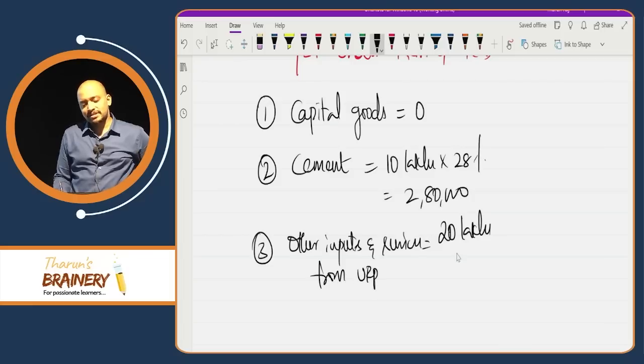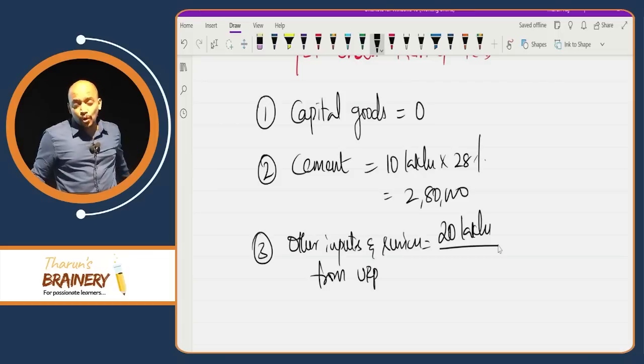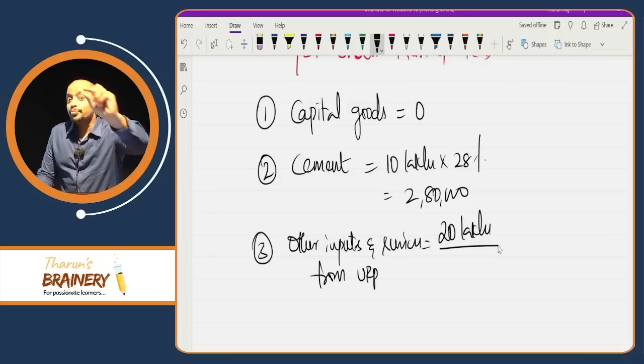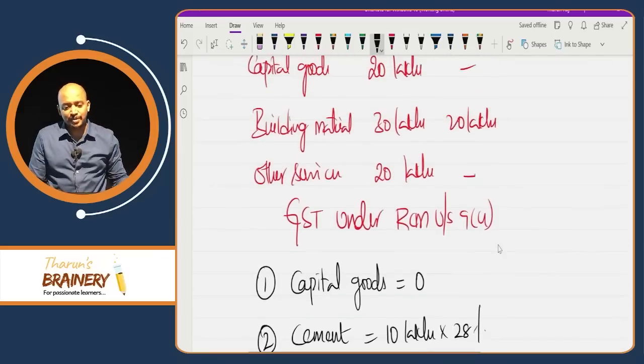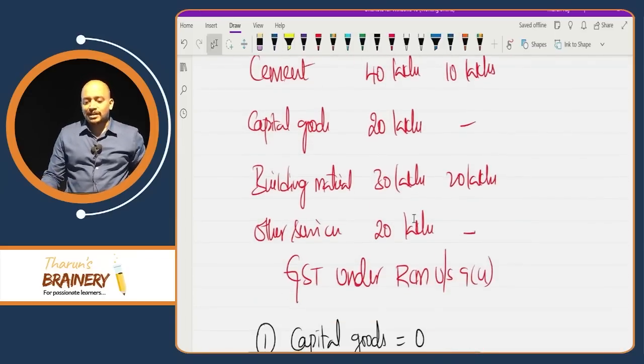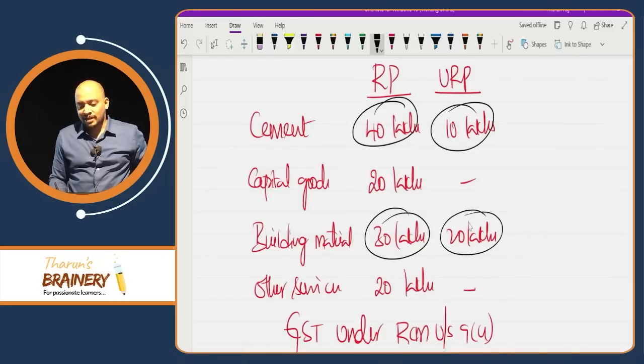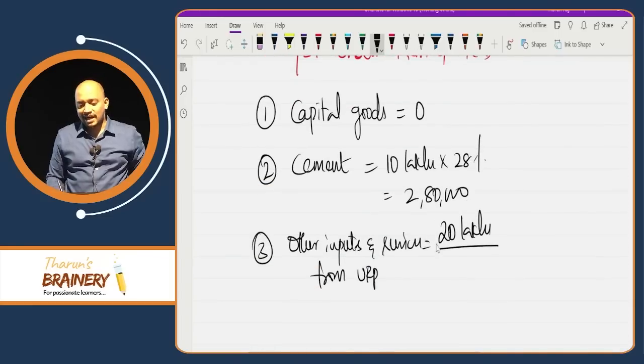From unregistered person divided by, what is the total inputs and input service? Don't take capital goods. Inputs and input service. What is inputs and input services? 40 plus 10, 50, plus 30, 80, plus 20, 100, 120. So 20 lakhs divided by 120 lakhs.